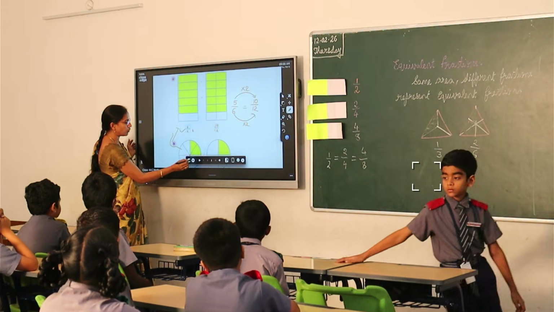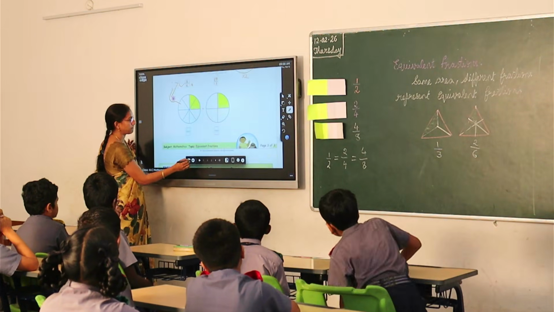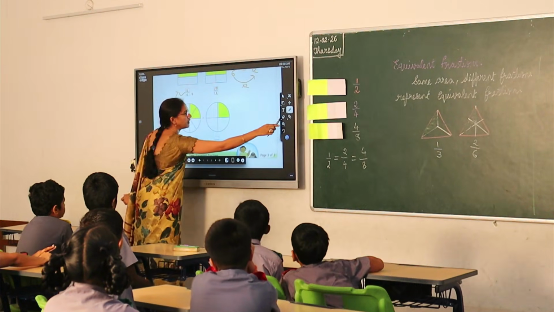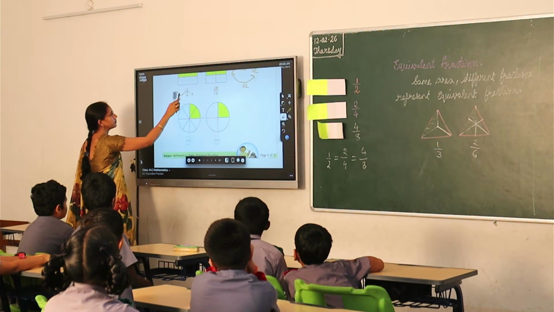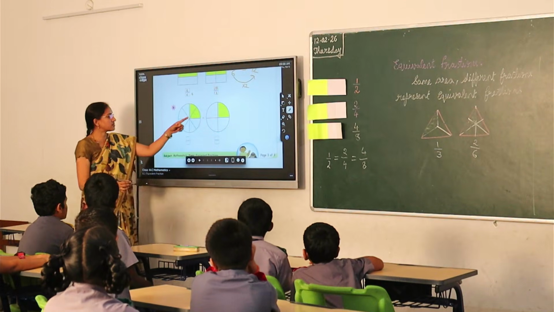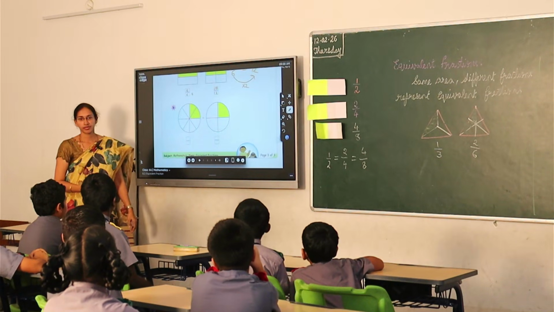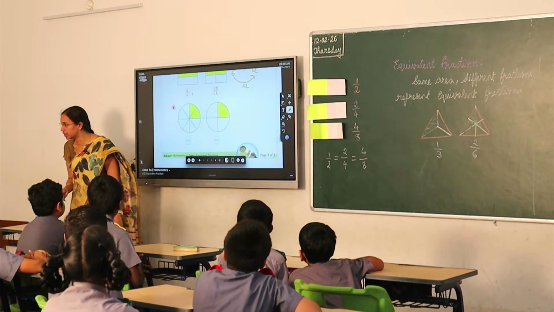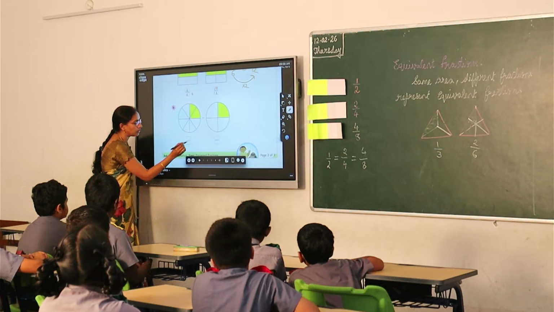We'll go for one more example, children. Can you see these circles? Yes. Now, tell me, how many equal parts are there in this? The circle is divided into how many equal parts? 8 equal parts.